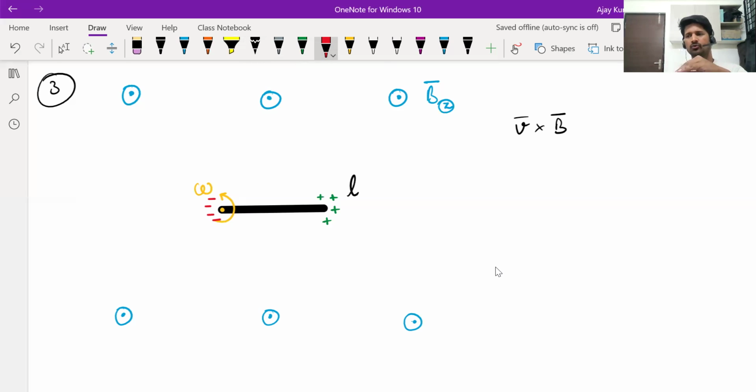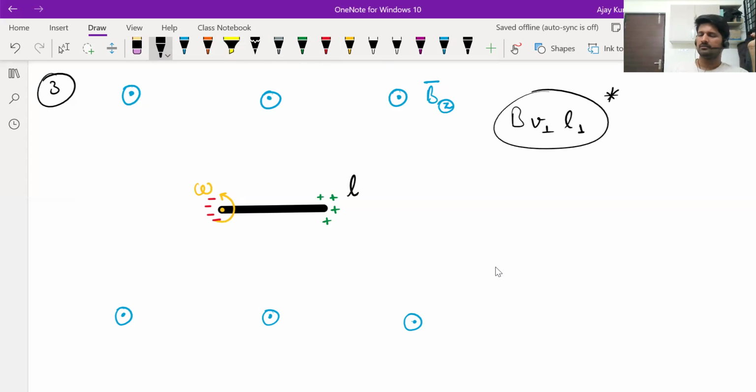Had all points moved with the same velocity, we could have used BVL or BV perpendicular, L perpendicular. This is applicable when the entire rod moves with the same velocity V. But now, since the rod is rotating, different points will be moving with different speeds.